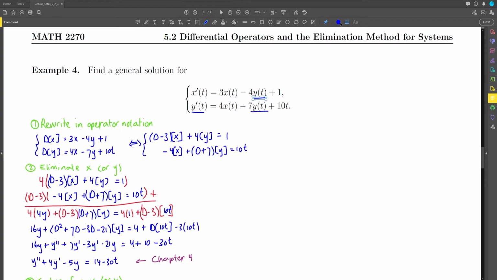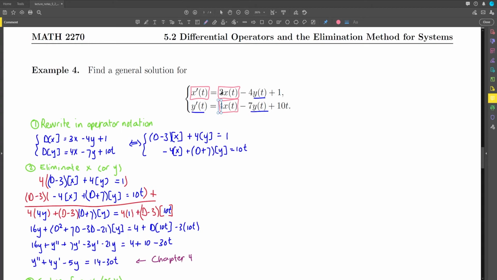but the payoff is that when you solve for x of t, this equation, once you plug in y, only has x, and you can find x by just algebraic manipulation. However, if we plug y into the first equation, we get another differential equation that involves x prime and x.